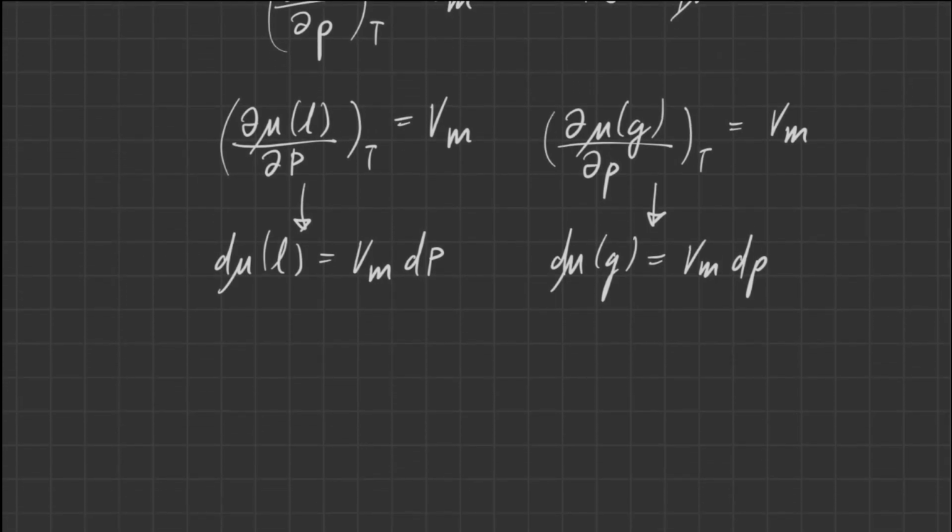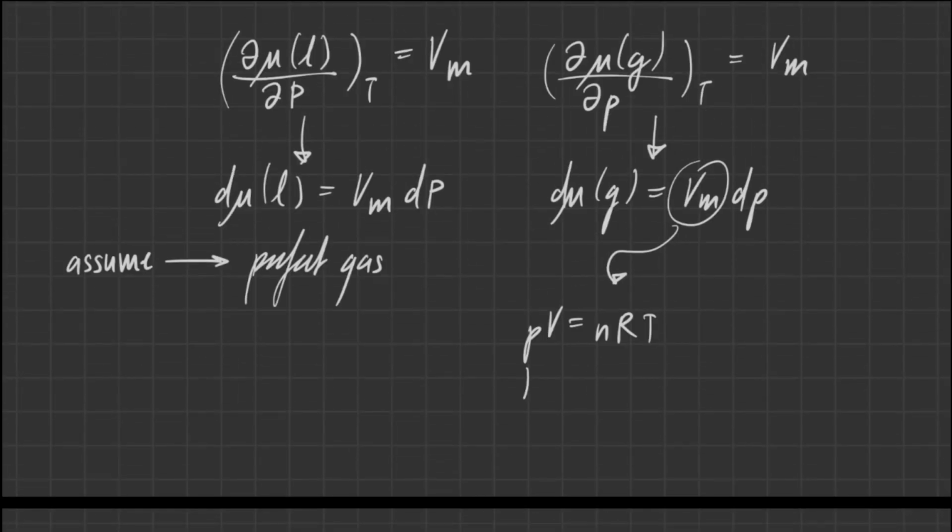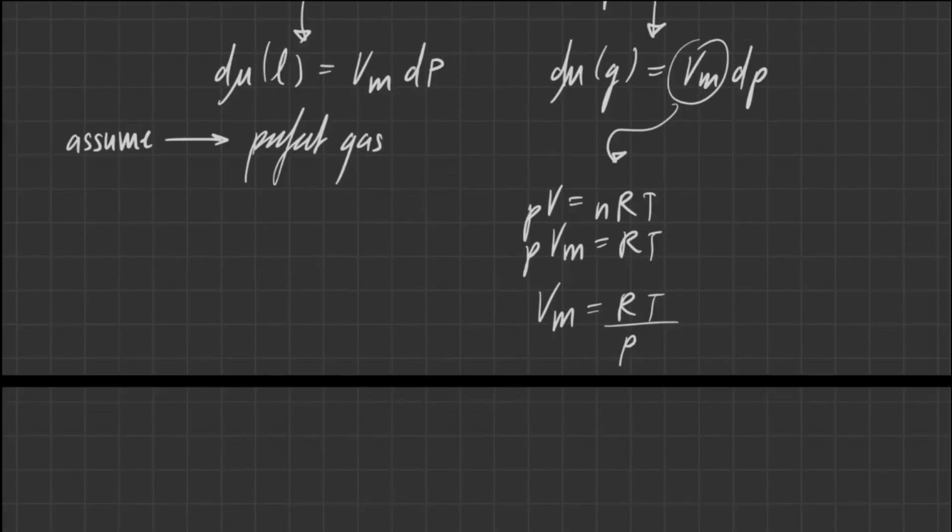Our second assumption is that this gas is a perfect gas, so we can use the perfect gas law. Here we know that PV is equal to nRT. Furthermore, P times molar volume is equal to RT. So molar volume is equal to RT over partial pressure.